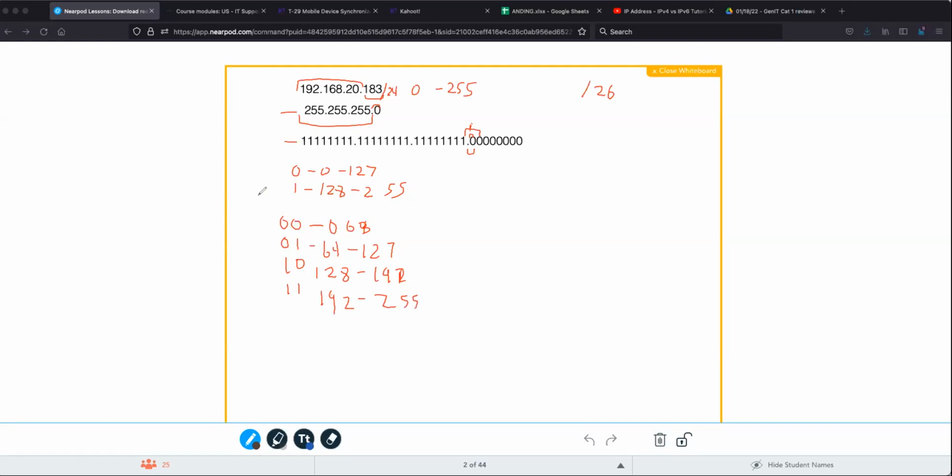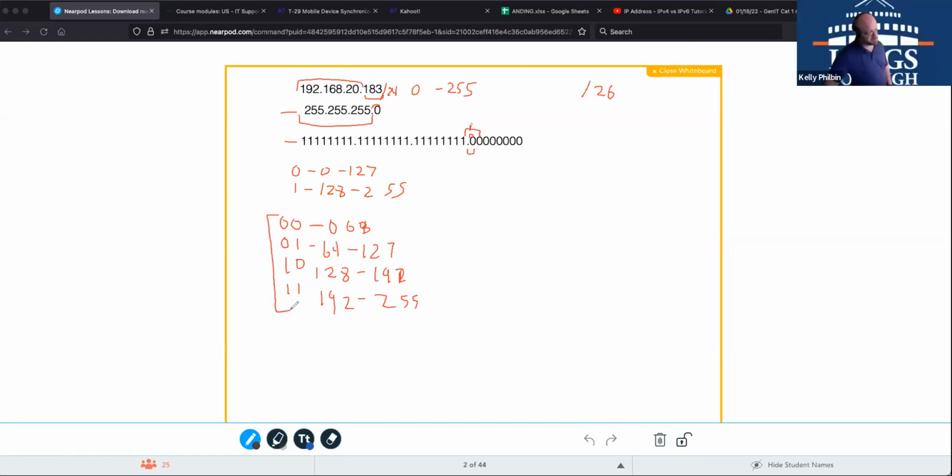So you see, we've now created 4 networks, because with the 2 bits we're able to create 4.